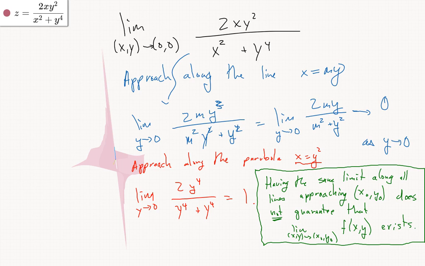It needs to have the same limit along all paths which are approaching this point, not just straight lines.